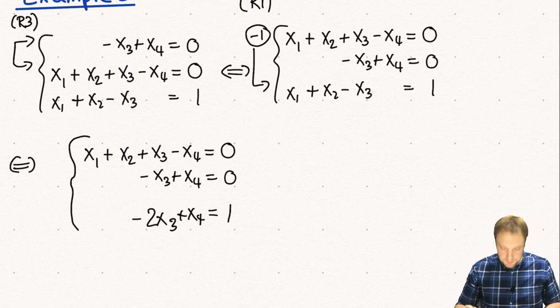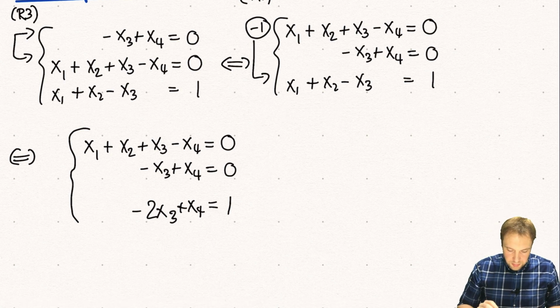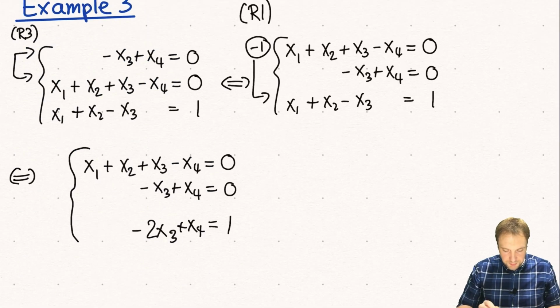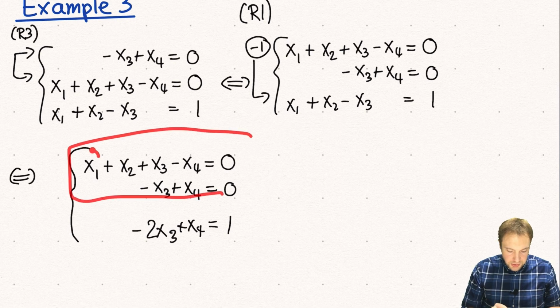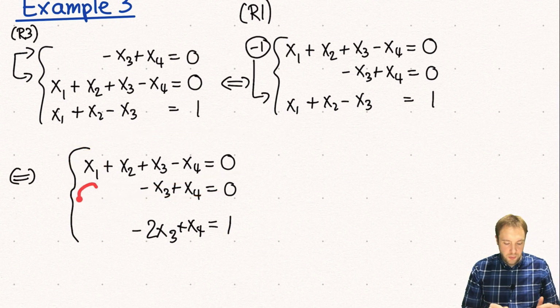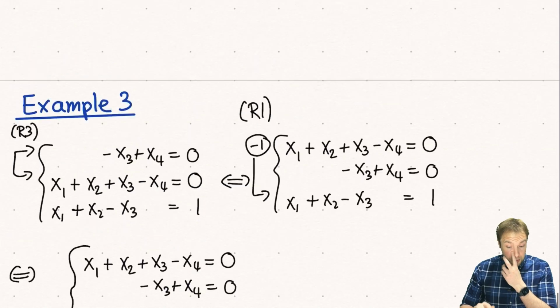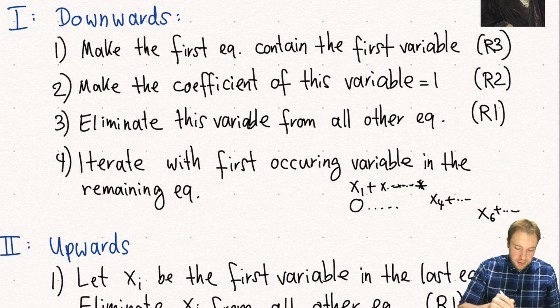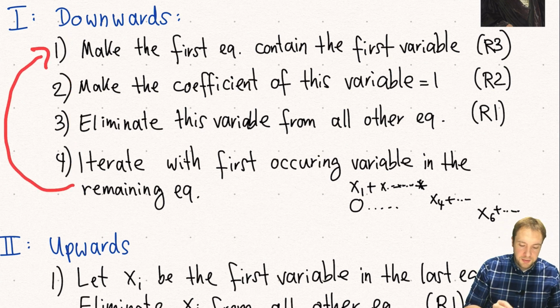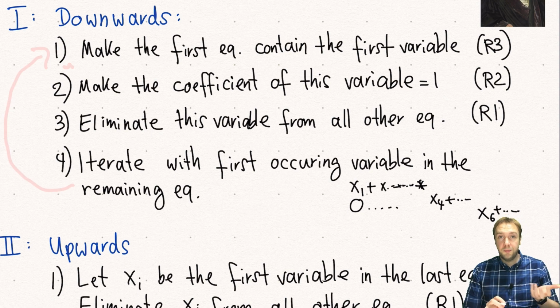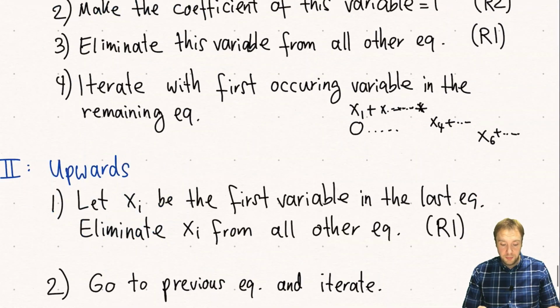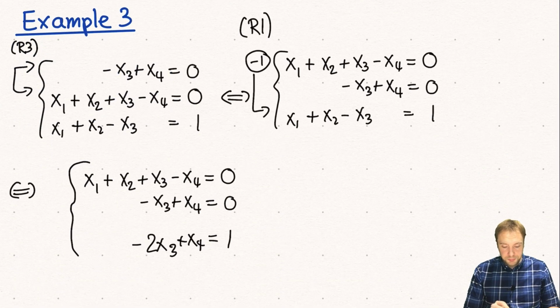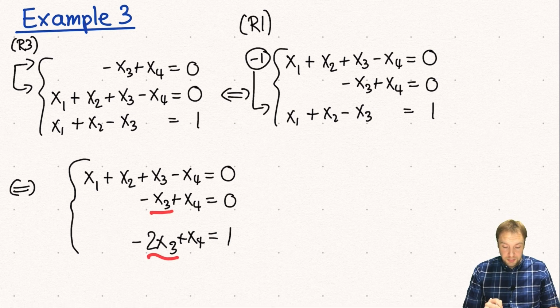Okay, so now we are in this situation where x1 just appears in the first equation and nowhere else, and the coefficient is 1. So here in this algorithm we finished these 4 steps for x1, and now want to go back here and do the same for the next appearing variable. So if we look here, the next appearing variable is x3.